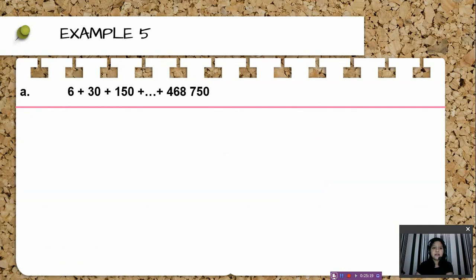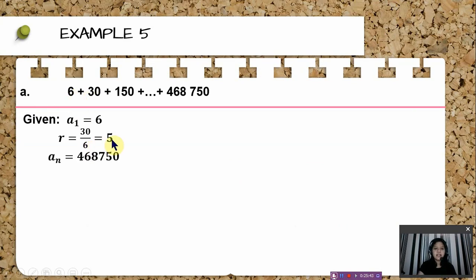For the first one, we have 6, 30, 150 until 468,750. Let's identify the given first. Our a sub 1 is 6. Our r is 30 divided by 6, that is 5.